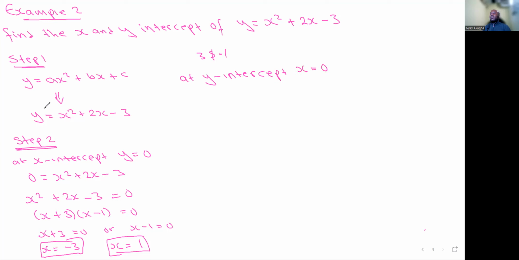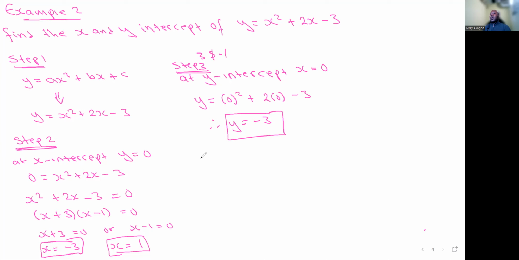That means in this equation, anywhere you see x, you put 0. So y will be equal to 0 squared plus 2 times 0, then minus 3. So all this becomes 0, all this becomes 0. So y will be equal to minus 3.